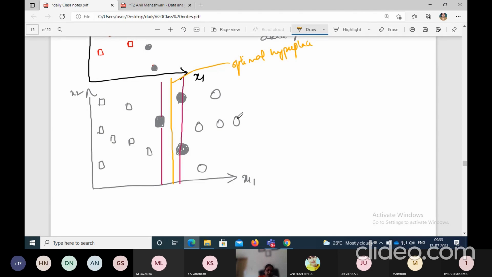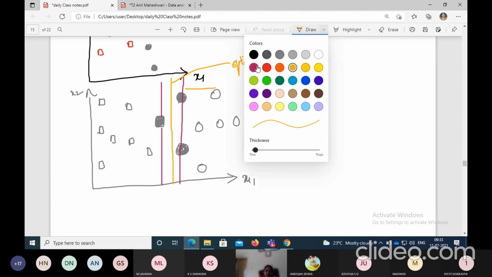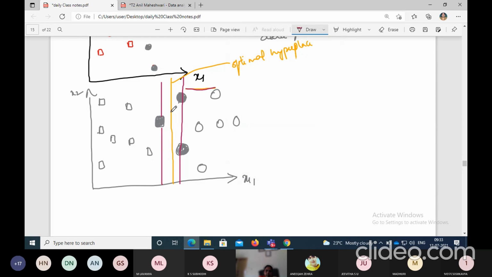Actually, the lines I have drawn in pink must be dotted or light colored lines. These are called the gutters. This one and this one. Gutters.